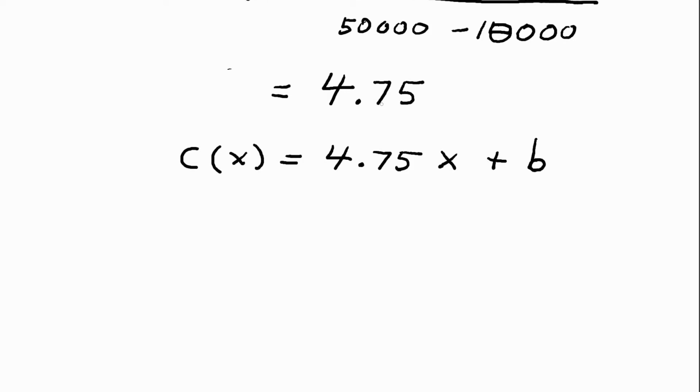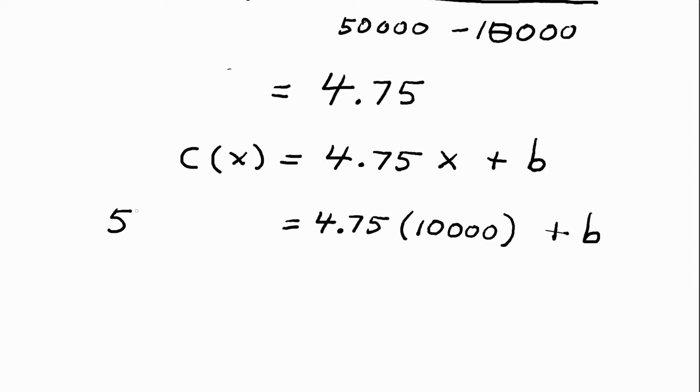So the second bit of information tells us that if I plug in 10,000 for X, what pops out is 547,500.